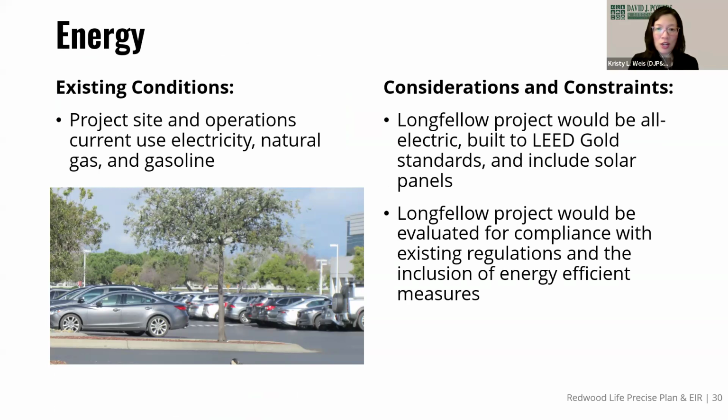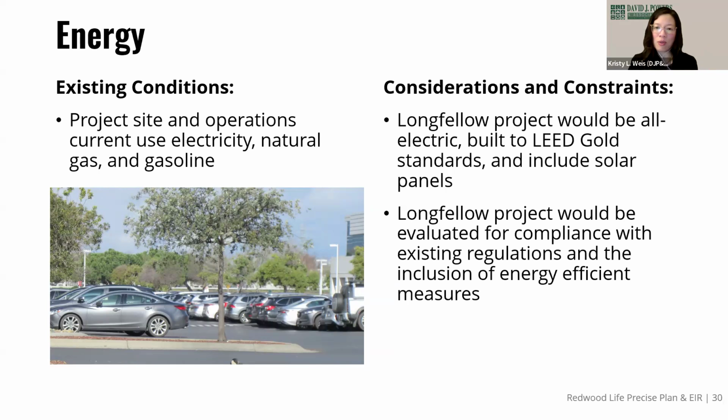The constraints for energy include the fact that Longfellow would include similar uses that would use energy just like existing conditions on site, but they'd have different land uses, including a community amenity center and a hotel that would have energy demand.